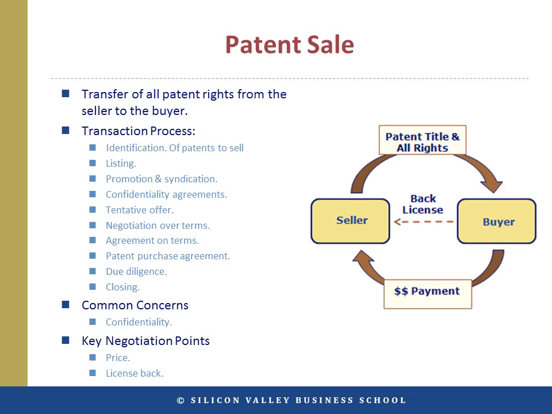The seller wants to maximize flexibility in the scope of the license back, while the buyer wants to restrict the scope so that it does not interfere with their patent rights. Where the seller is suspicious that the buyer may be overly zealous in enforcing the patents, the seller may wish to incorporate a covenant into the assignment contract that restricts the buyer from aggressive litigation and threatening licensing activity. This may become a topic of some negotiation.